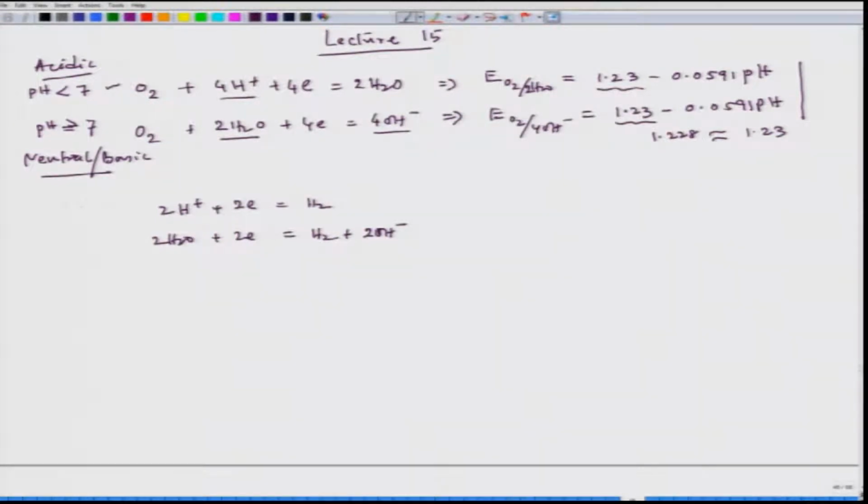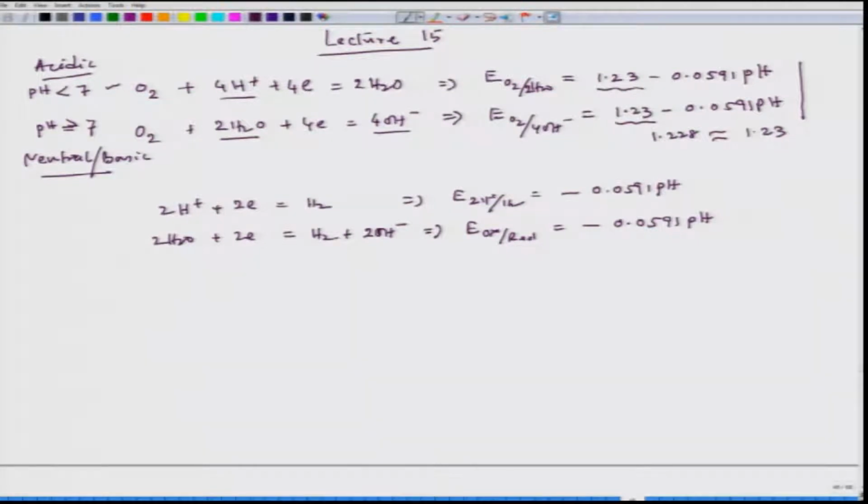As we have mentioned, the Nernst equation for 2H plus to H2 is minus 0.0591 pH in terms of pH. So, I can write E ox by red for this reaction equal to minus 0.0591 pH.